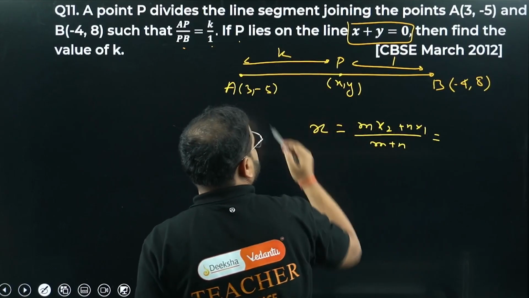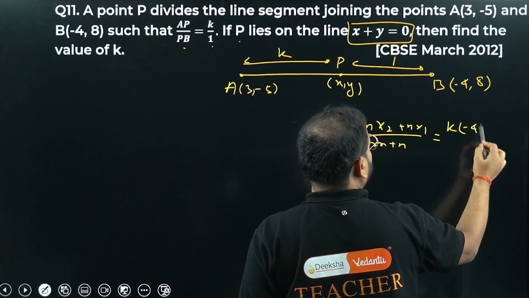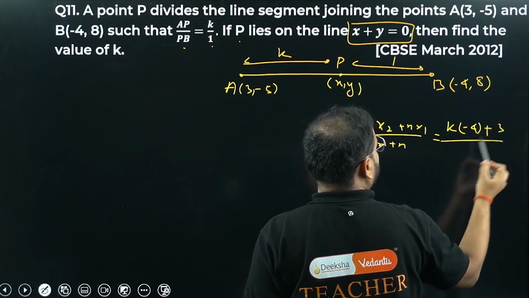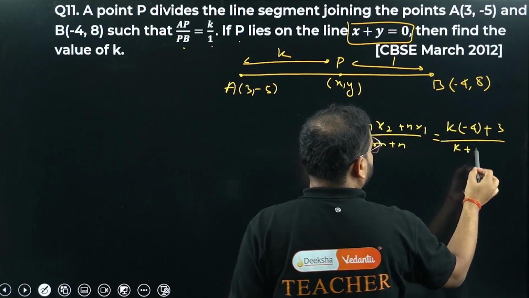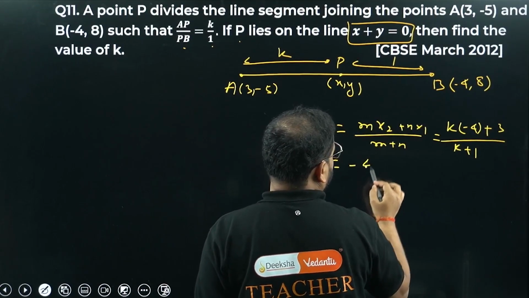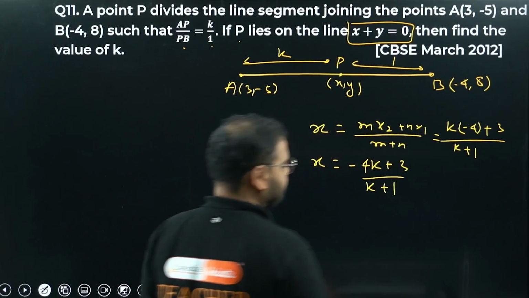What is m? k. So k times minus 4 plus 1 times 3, so upon k plus 1. I'm getting x as simply minus 4k plus 3 upon k plus 1.